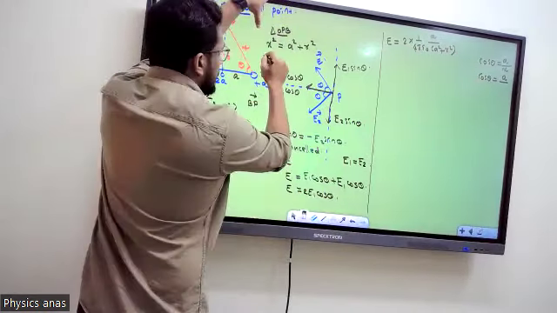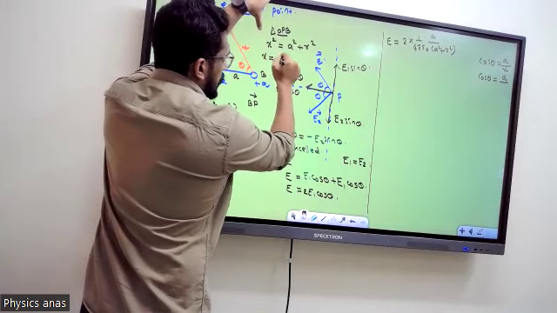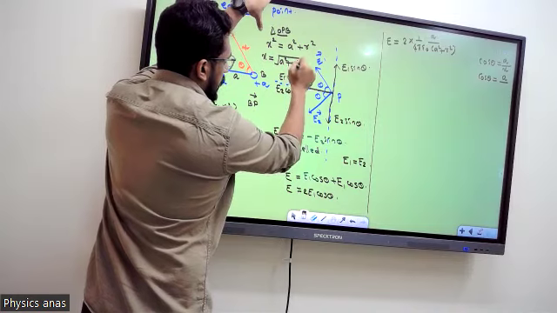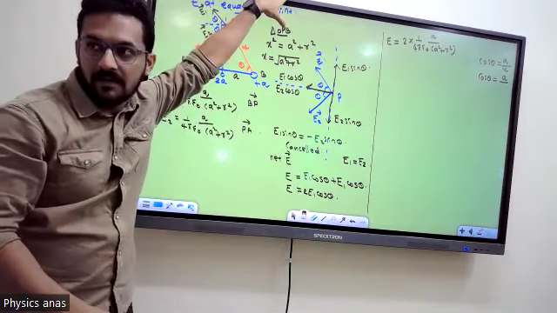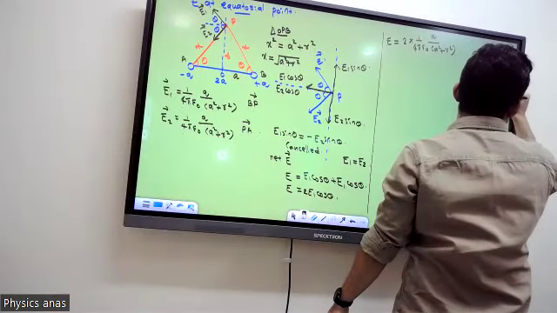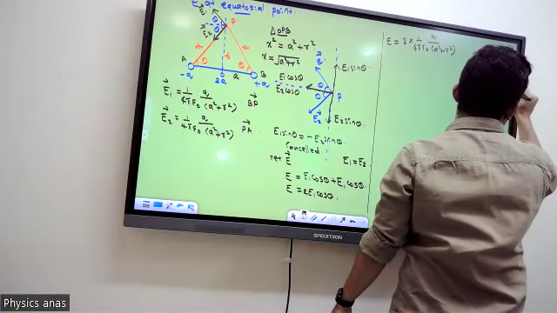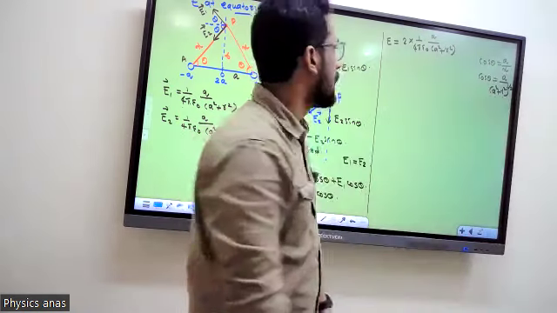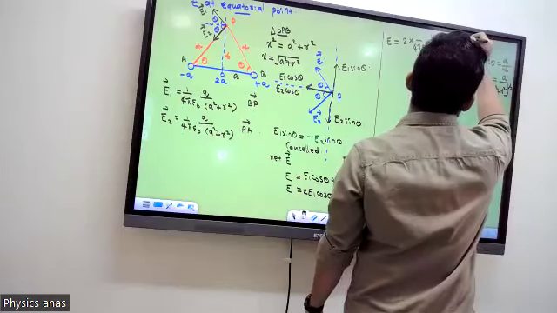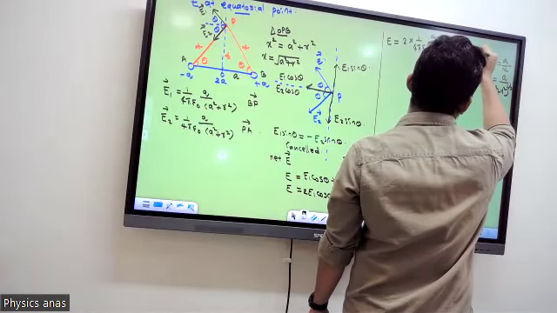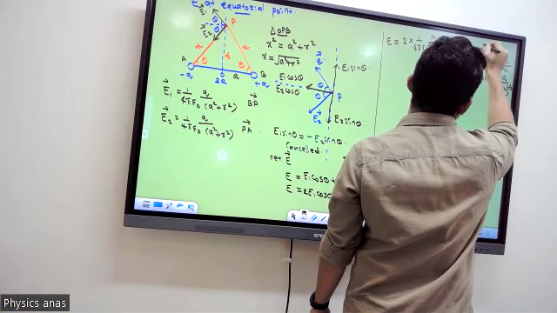Then X will be the square root of A square plus R square, and square root can be written as A square plus R square all raised to 1 by 2. So that will be A divided by A square plus R square all raised to 1 by 2.